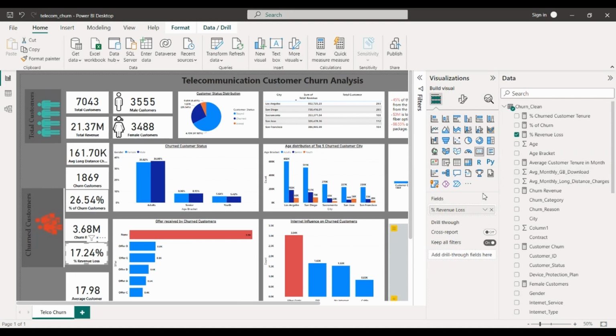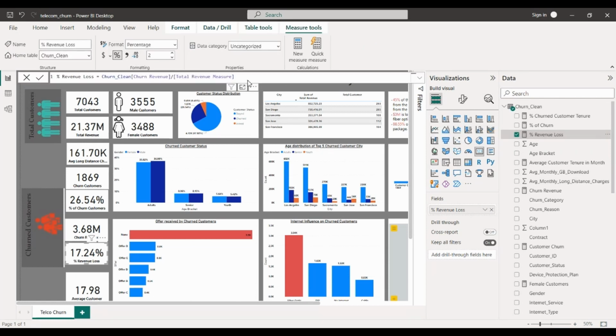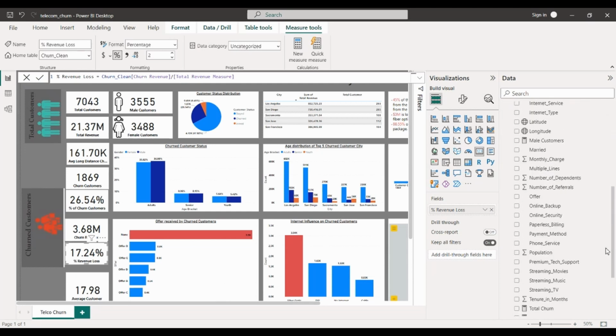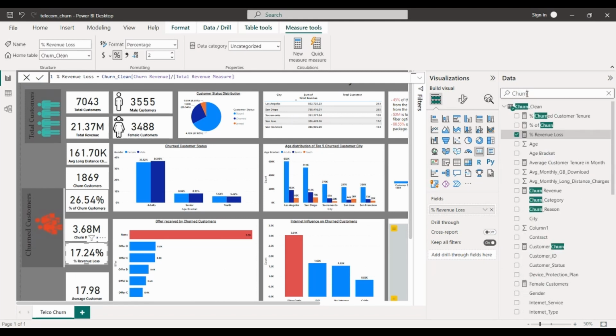First, revenue loss is made up of two features: churn revenue and the total revenue measure. Churn revenue is calculated with the help of the CALCULATE function.